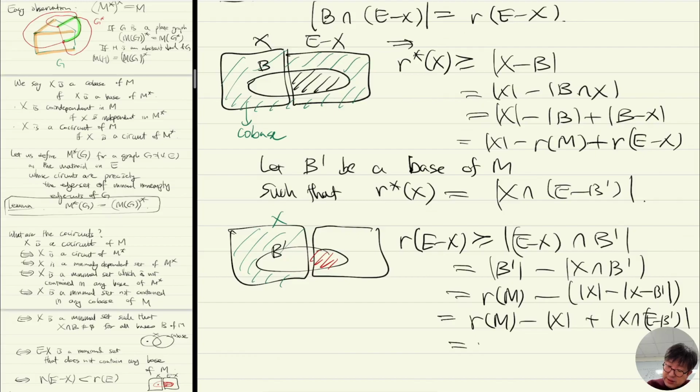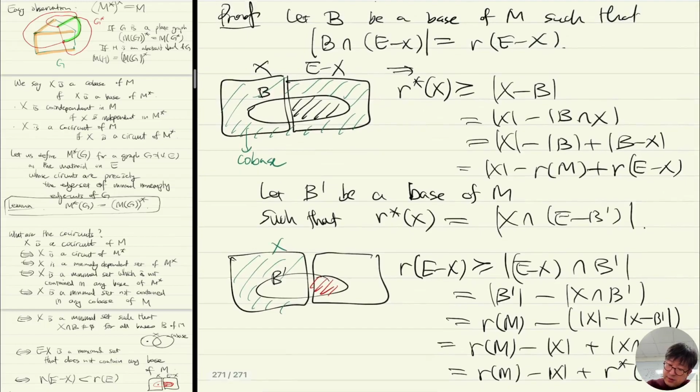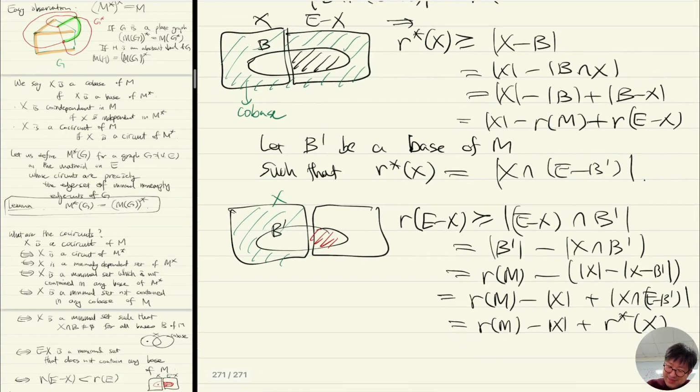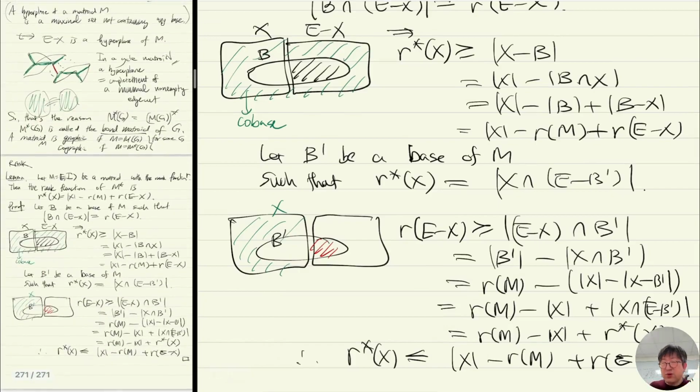And we know that this is equal to rank of M minus size of X plus the rank of X in the dual. So what does that mean? That means this is less than or equal to size of X minus rank of M plus rank of E minus X. Okay, so this proves that this function is indeed the rank function of the dual matroid.